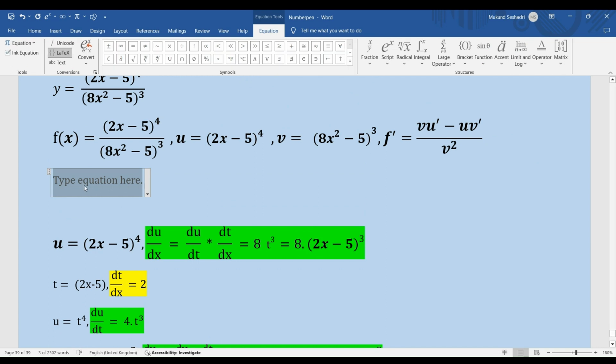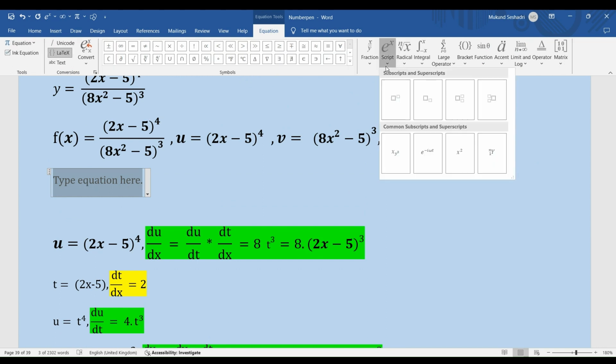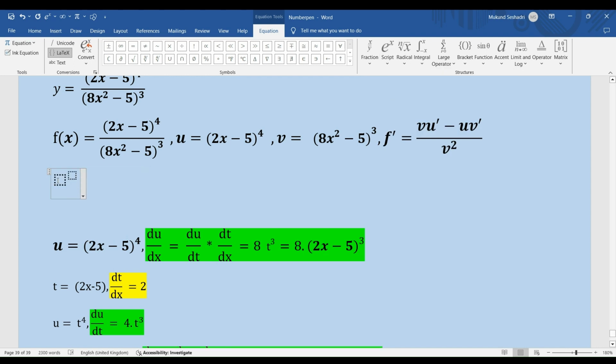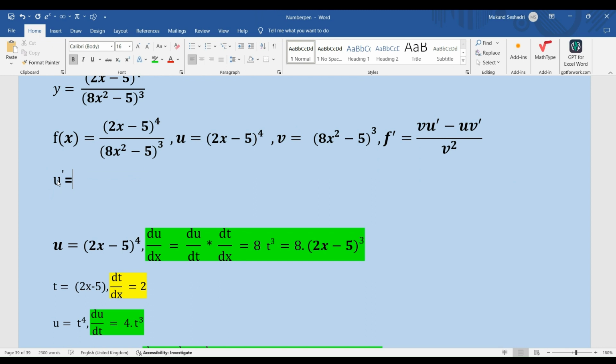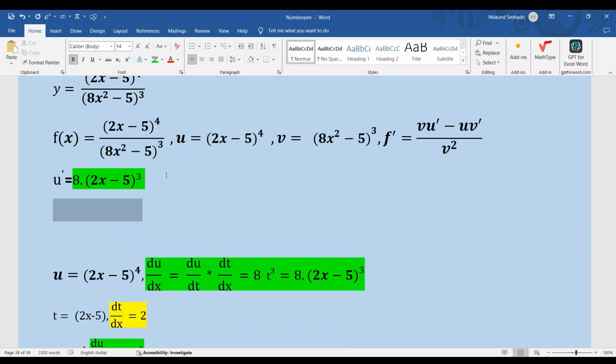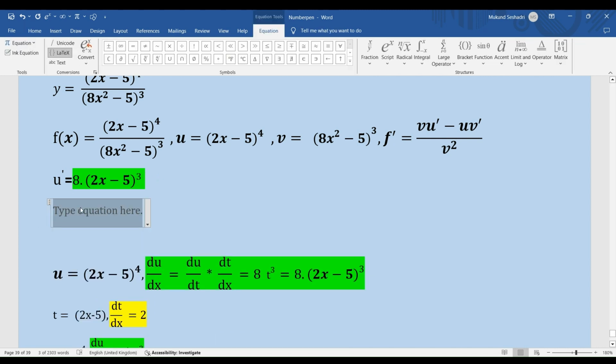So my u dashed is nothing but du by dx, right? My u dashed is du by dx, which is 8 times (2x minus 5) the whole cube, right? And then what is my v dash? So let's write that down as well.